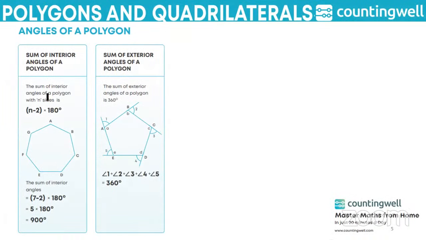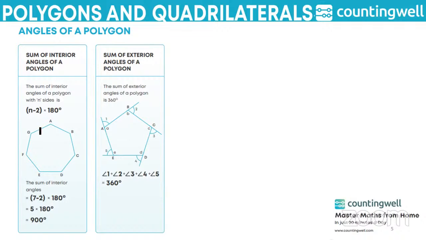Let us see the sum of interior angles of a polygon and the sum of exterior angles of a polygon. For example, here we can see the polygon A, B, C, D, E, F, G. Here n equals 7 because it has 7 sides: AB, BC, CD, DE, EF, FG and GA.